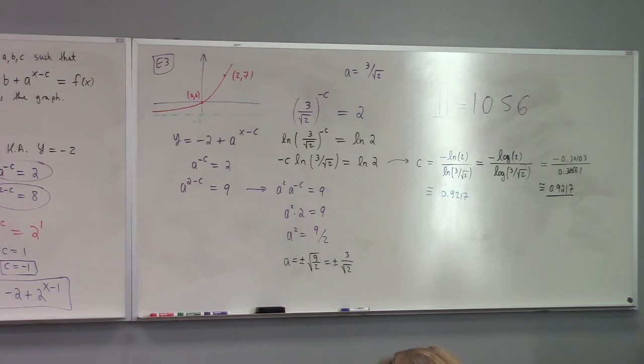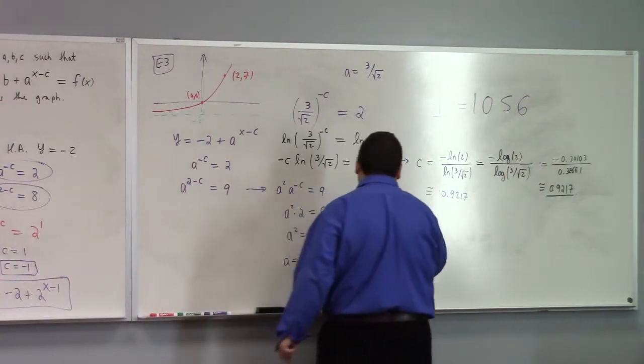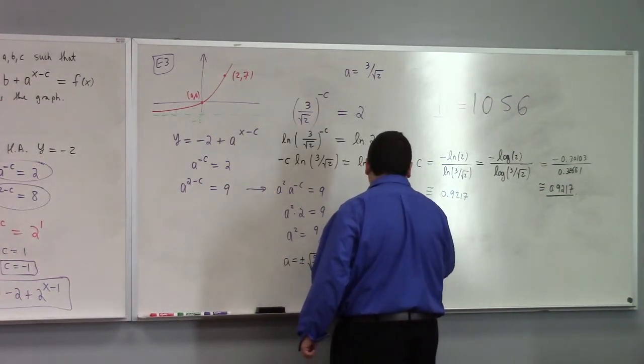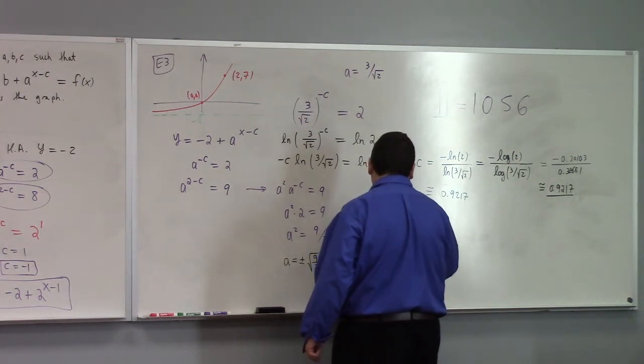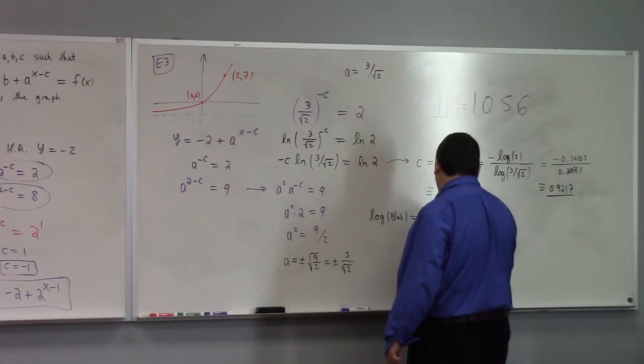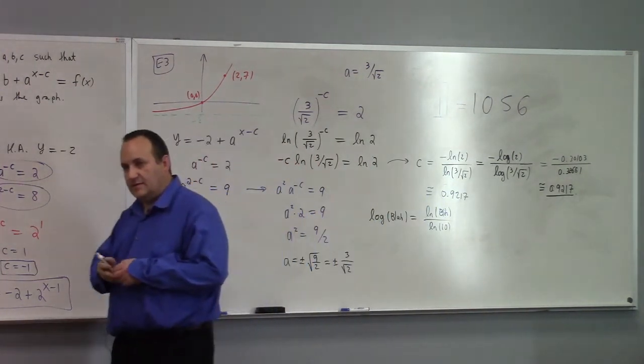The reason for that is the change of base formula. If you want to change the base, remember, log of blah is equal to natural log of blah divided by the natural log of 10. That's how to change base from natural log to common log.